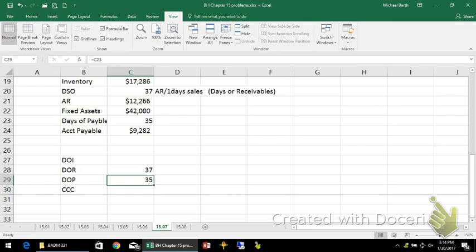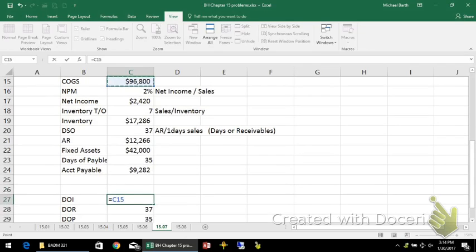I'm given an inventory turnover, but since they're using sales per dollar of inventory, that won't give me the days of inventory. I actually have to do the calculation here: dollars of inventory divided by the cost of goods sold per day.